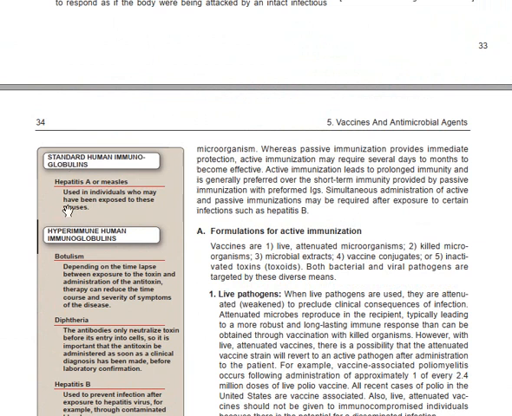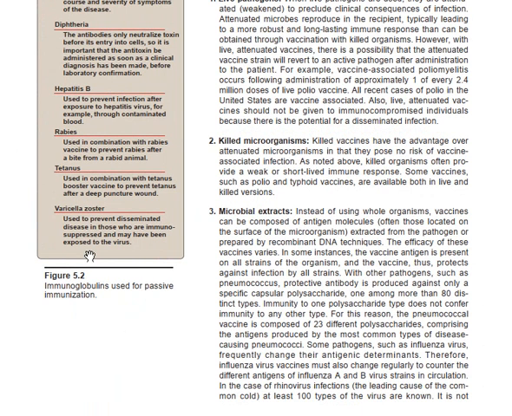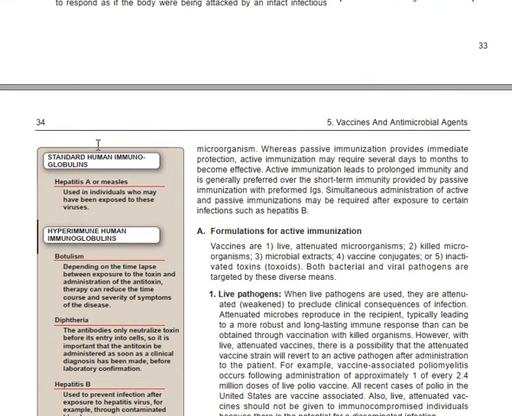Standard human immunoglobulins, for hepatitis A or measles, are used in individuals who have been exposed to the virus. You use immunoglobulins. Now, you have hyperimmune human immunoglobulins in the case of botulism, in the case of diphtheria, in the case of hepatitis B, rabies, and all that. These are the immunoglobulins used for passive immunization. Those are the different cases you can use immunoglobulins.